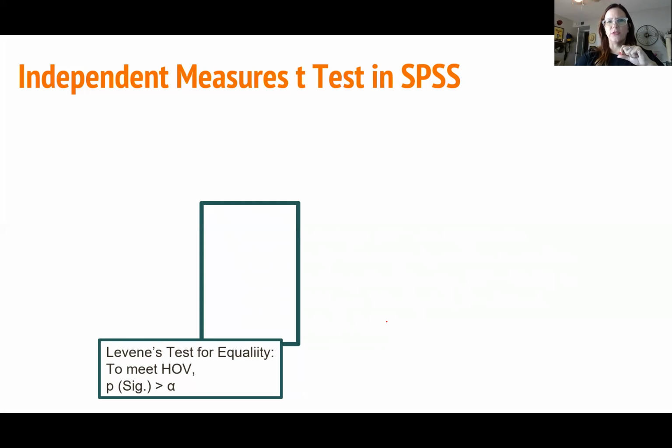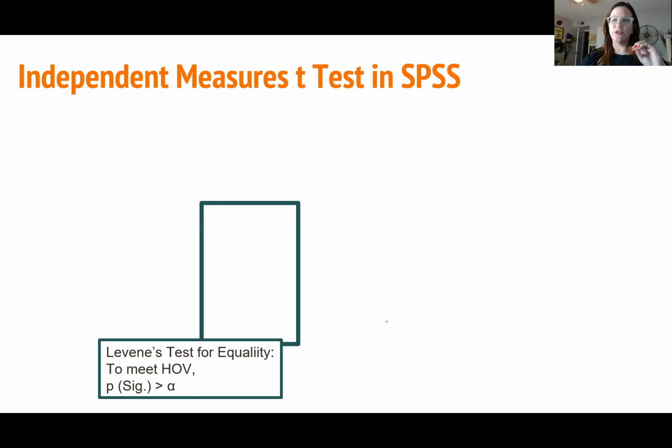I am going to post these in Canvas, and I will post a link to these two slides in the active engagement for independent t-tests. I will post them in one of the active engagements.